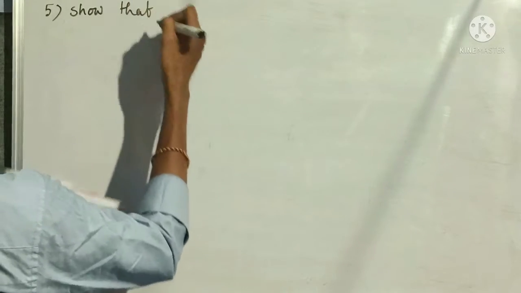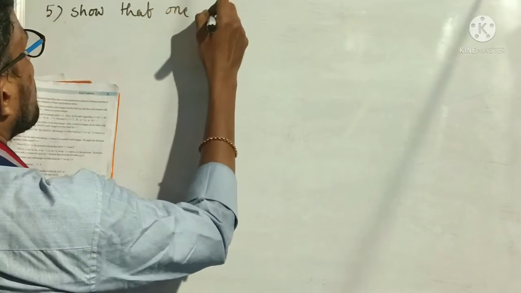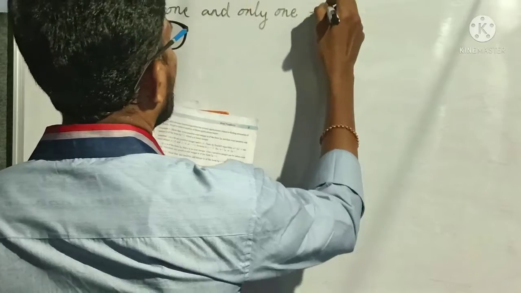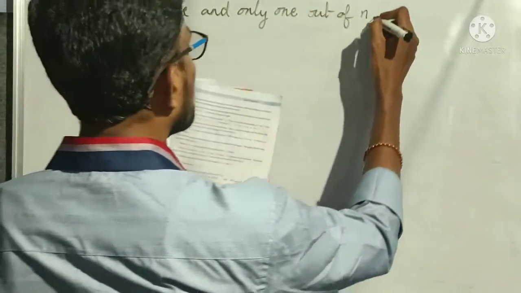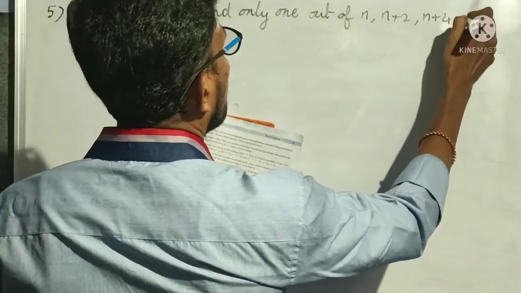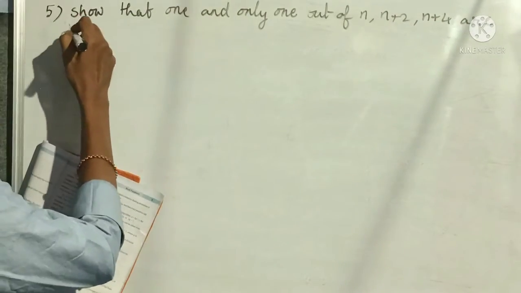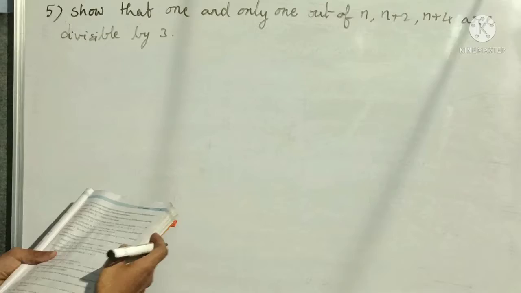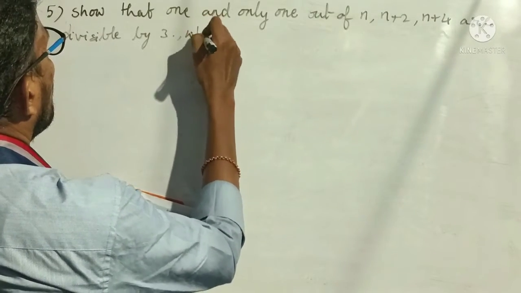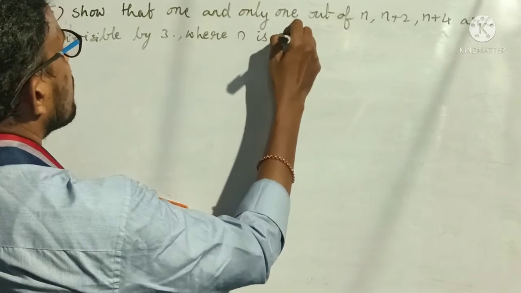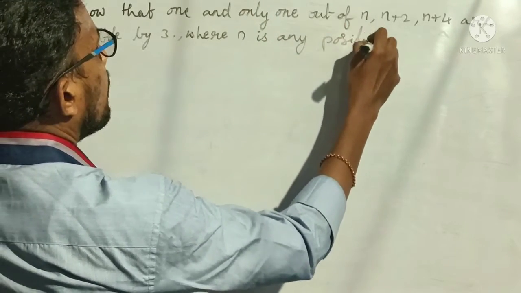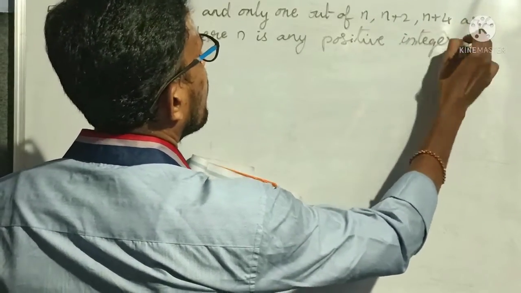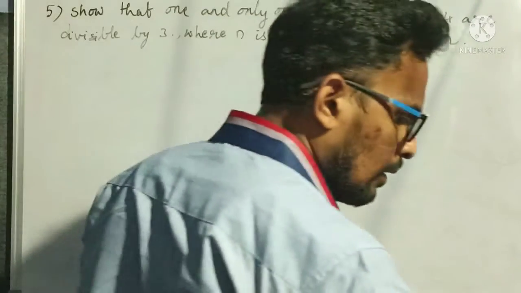Show that one and only one out of n, n plus 2, n plus 4 is divisible by 3, where n is any positive integer. Okay, so now let us prove this fifth problem.